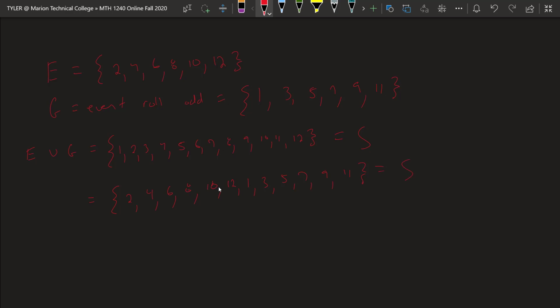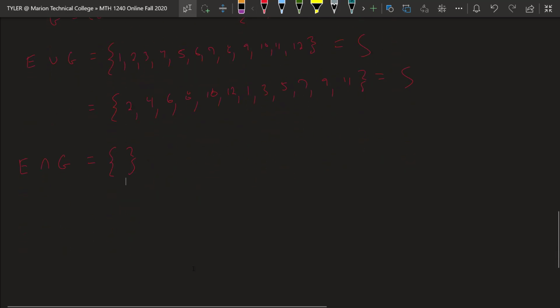And then if we look at E union G, like I said, there's nothing in common. So how do we show that? This would be a set with nothing in it, because there's nothing common between the set of even rolls and the set of odd rolls.